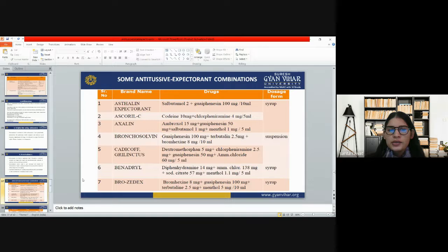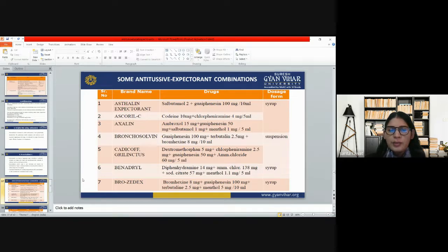Then we have Ascoril C, which comes in syrup form. Then we have Bronchosolvin, which includes guaifenesin 100 mg plus terbutaline 2.5 mg plus bromhexine 8 mg per 10 ml. It comes in the form of suspension.